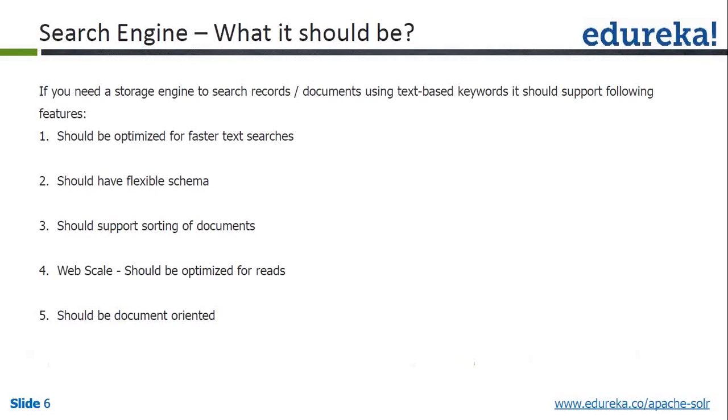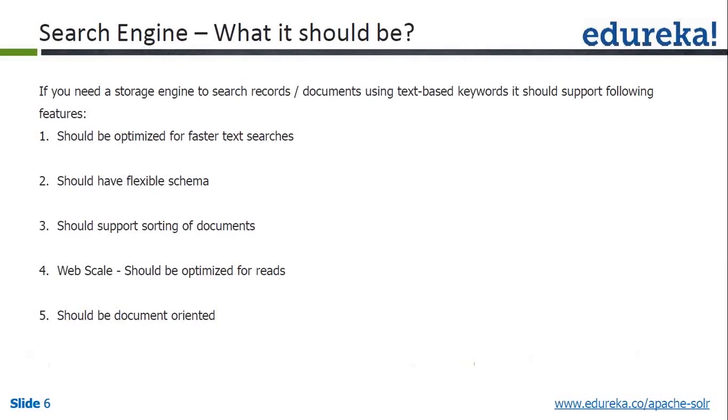I'm not sure about the figures, but Flipkart, Amazon, these sites are visited by a hell of a lot of people every day. So your hardware, your software, your application should be robust enough to handle so many reads.